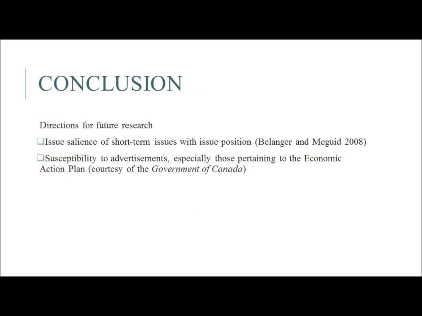In addition to a person's position on a particular issue, more research could be done on the importance of a particular issue in influencing vote choice or vote intention for a particular political party. With regards to perceptions about economic performance, it can be argued that many people are susceptible to advertisements they see on a daily basis, and therefore further research can be done on people's susceptibility in relation to the Canadian government's Economic Action Plan.